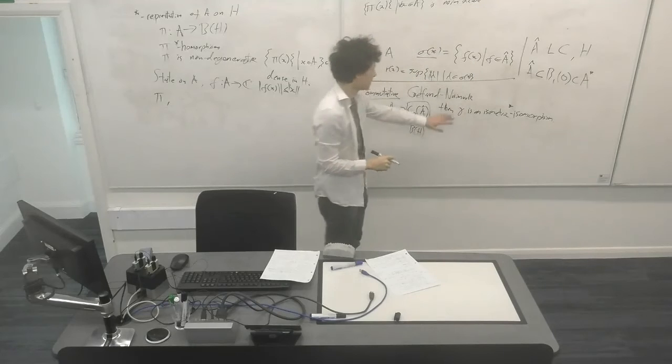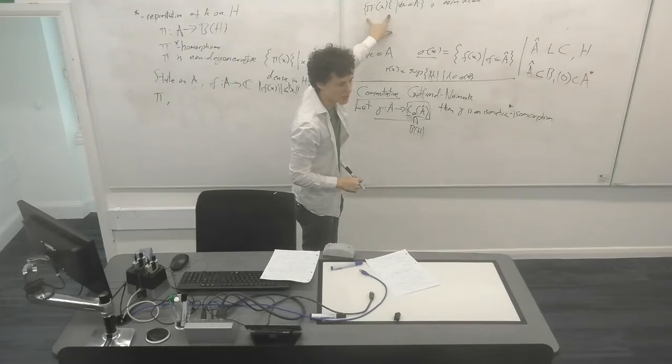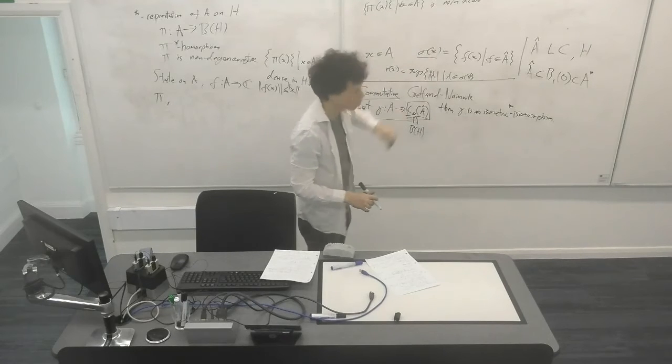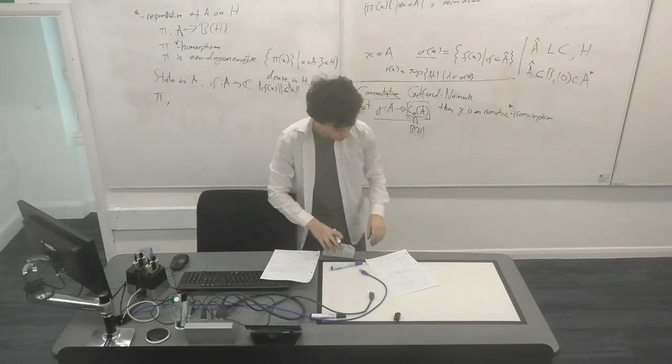So instead of density in the topological sense, we mean the set of vectors we get here is norm dense. And if it has that property, it's called a cyclic vector.